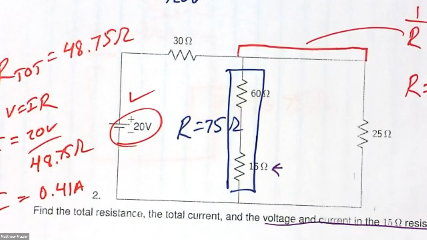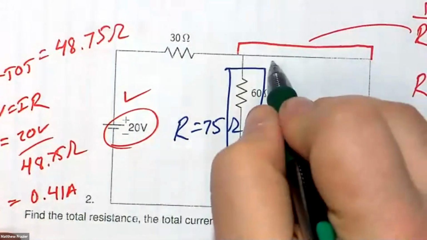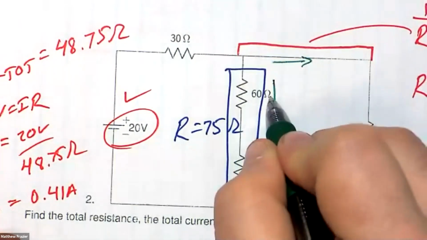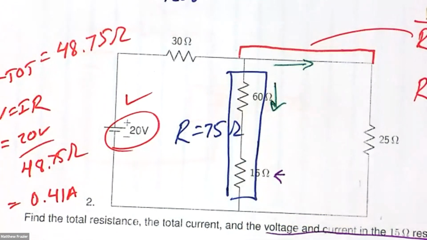Do you know how much flows through the other branch, the 25 ohm resistor, then? If all of it flows through one, none of it flows through the other, and that doesn't make sense. The current has to split at this point. Some goes this way and some goes this way. So we're trying to find a smaller amount of current.